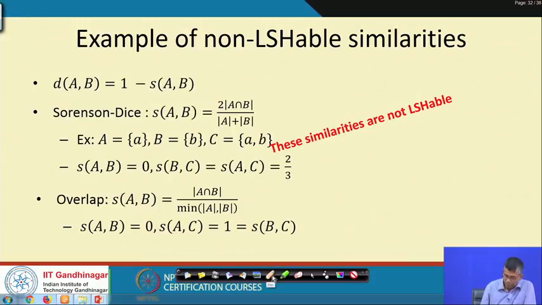Similarly, another popular one is the overlap metric, which says that you take A intersection B divided by minimum of the cardinality of A and cardinality of B. Even here, for the same example, you see that S A B equal to 0, S A C equal to 1 equal to S B C, and therefore, you can calculate the corresponding distance values.